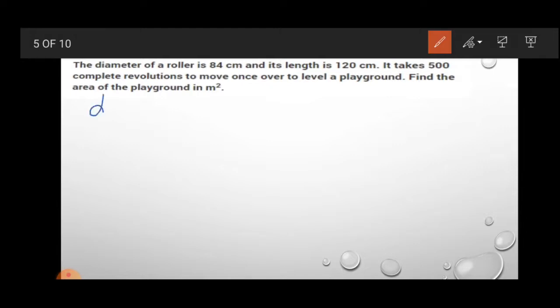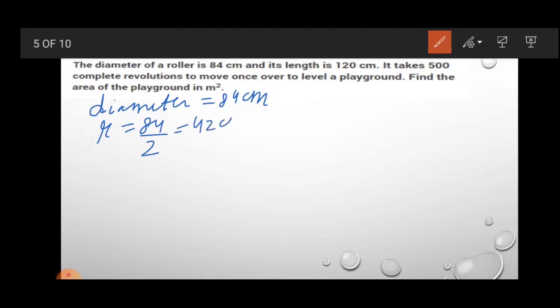Given that the diameter of the roller is 84 centimeter, so radius is equal to half of diameter, 42 centimeter. Height is 120 centimeter and number of revolutions is 500.